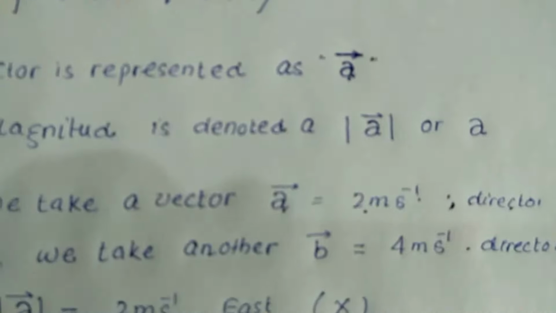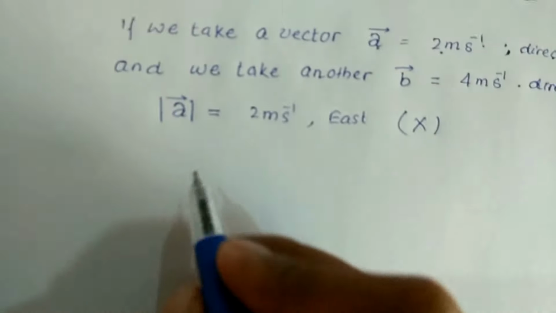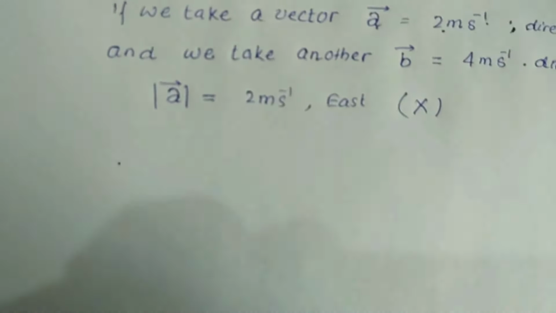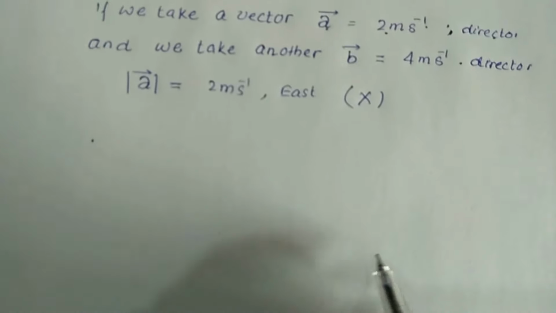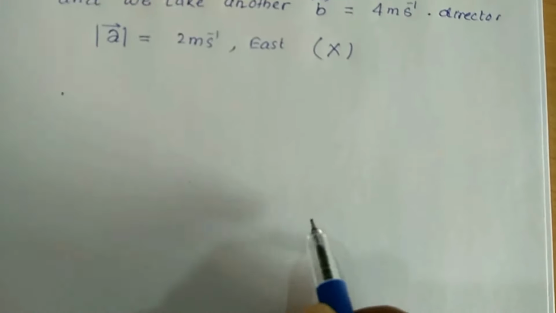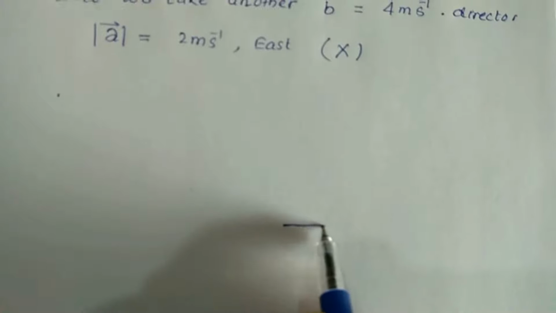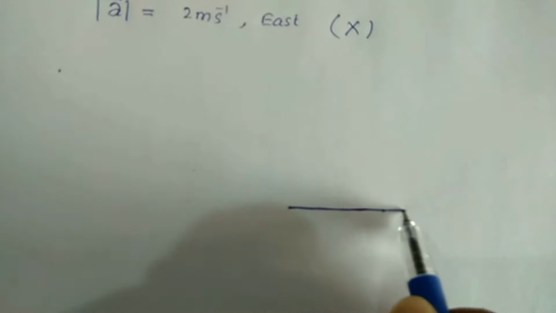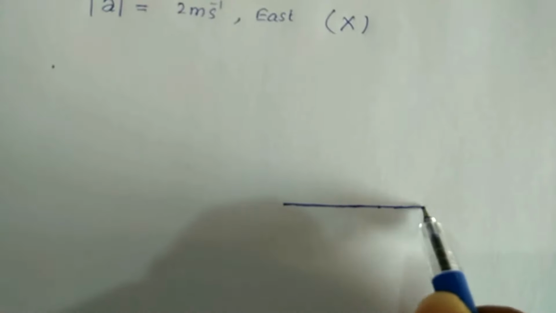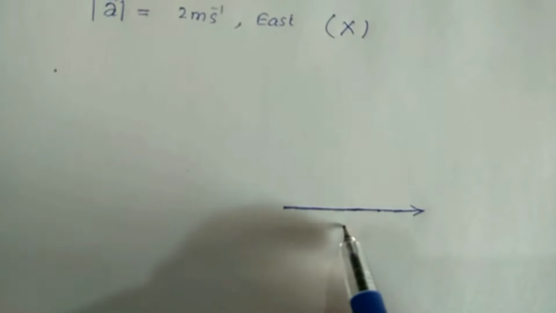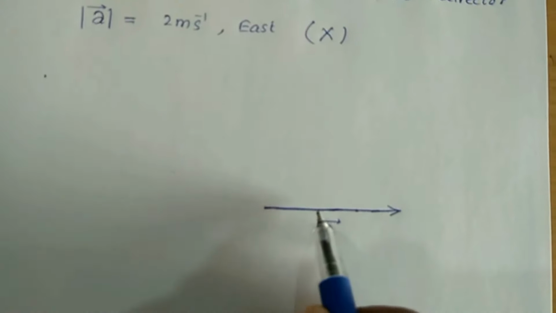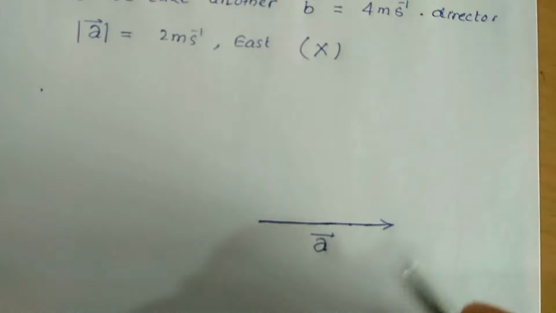That is, if we represent a vector A like this, vector A in any direction, suppose it is a vector A.